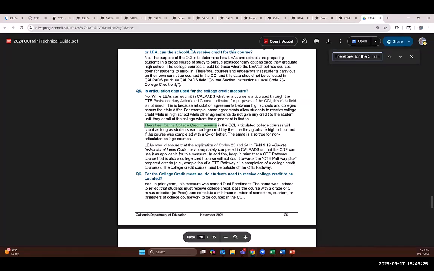It can be a prerequisite course to the courses that the student will take in college. It's saying it's part of a pathway. It's the articulation agreement. It's not saying the student is also receiving credit. That's why we have the indicator. It's probably appropriate to indicate both. That's what I think Rebecca is answering.